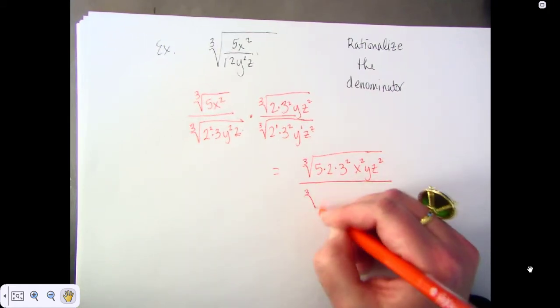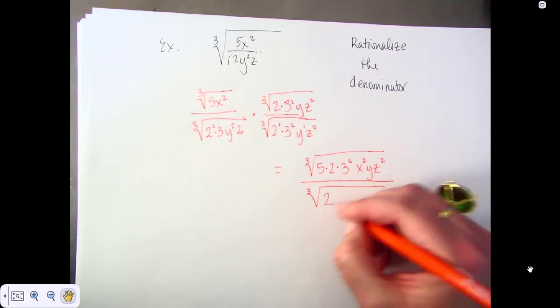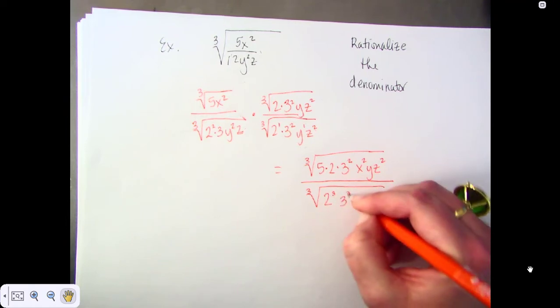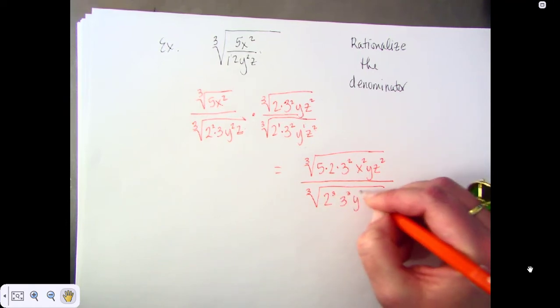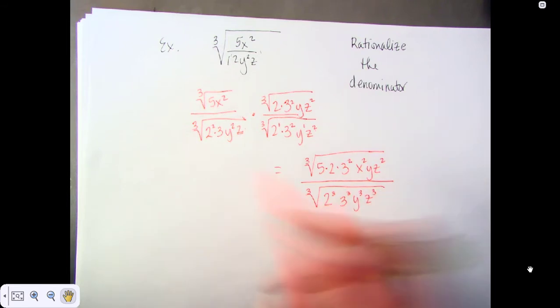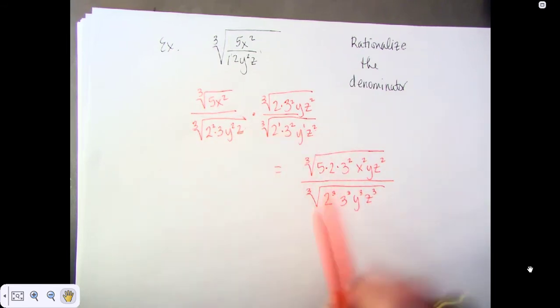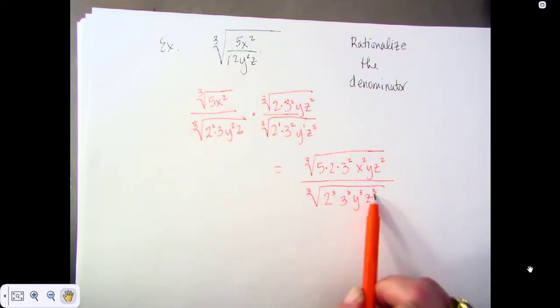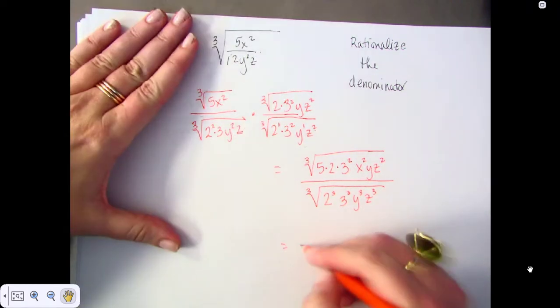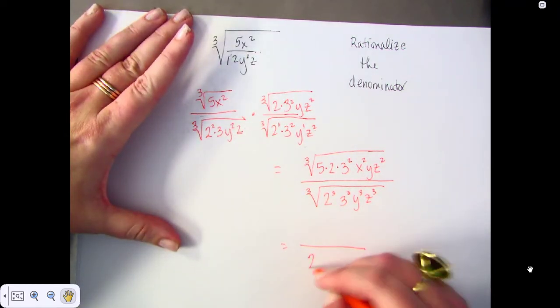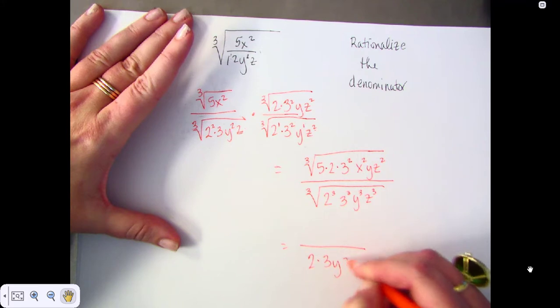In the bottom, I have 2 cubed, 3 cubed, y cubed, z cubed. Done on purpose so that the cube root will cancel with those exponents. So in the denominator, I just get 2 times 3 times y times z.